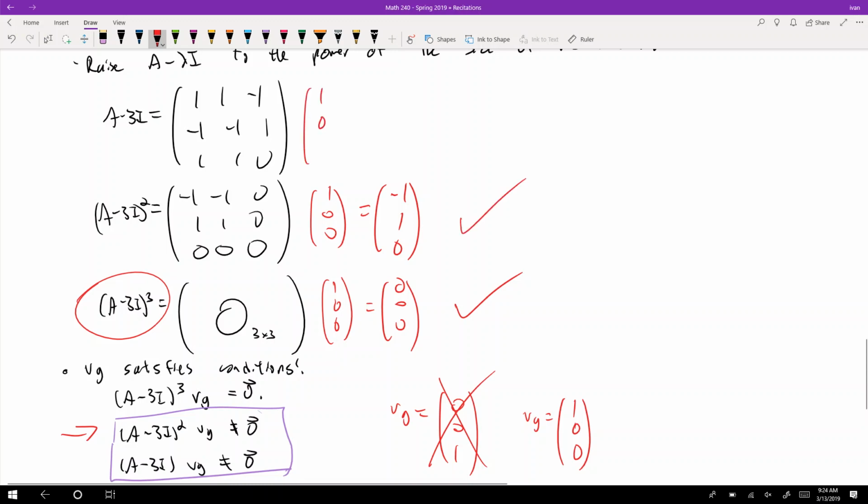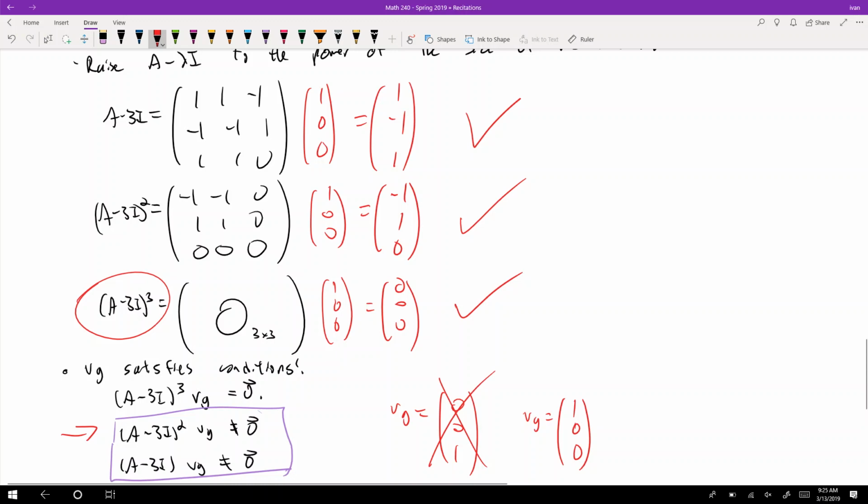And then lastly, we multiply (A - 3I) times 1, 0, 0, and we get 1, negative 1, 1, which is also good because that's not the 0 vector. So 1, 0, 0 satisfies our conditions.